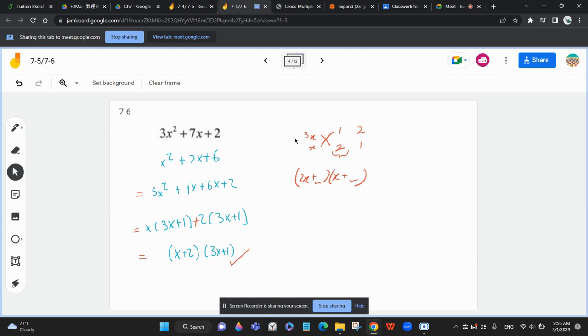Because if 1 and 2 are here, then this 3 will multiply 2, you get 6, and then this one you multiply, you get x. So you get 7x. So that means 1 must be here and 2 must be here.